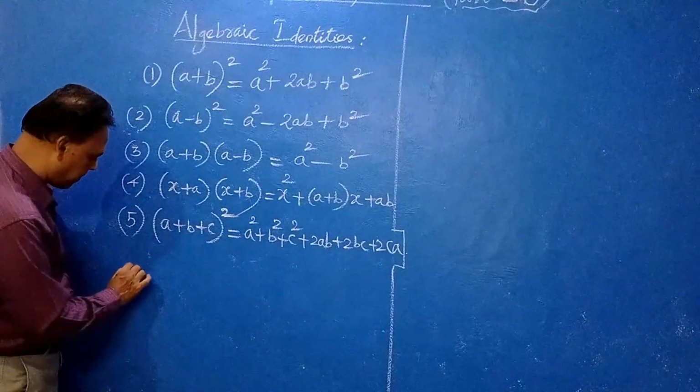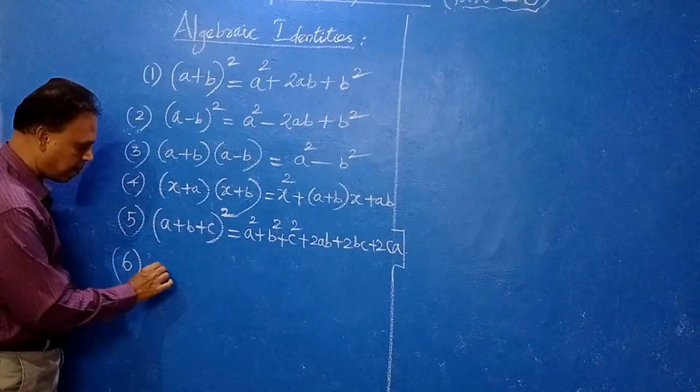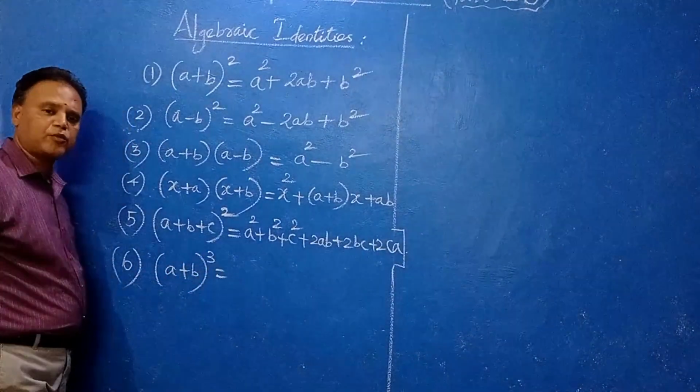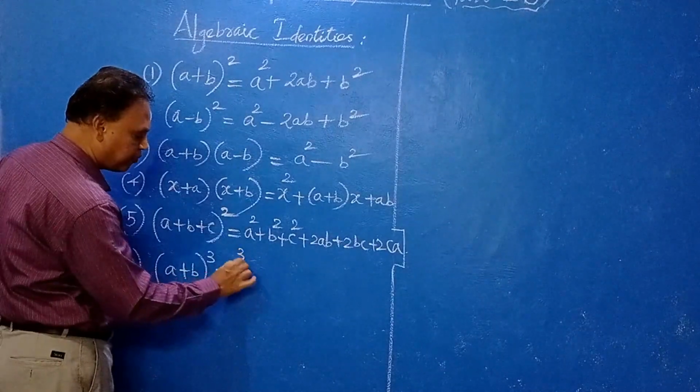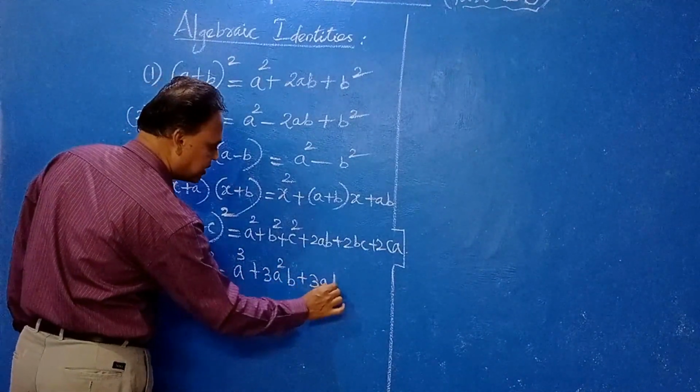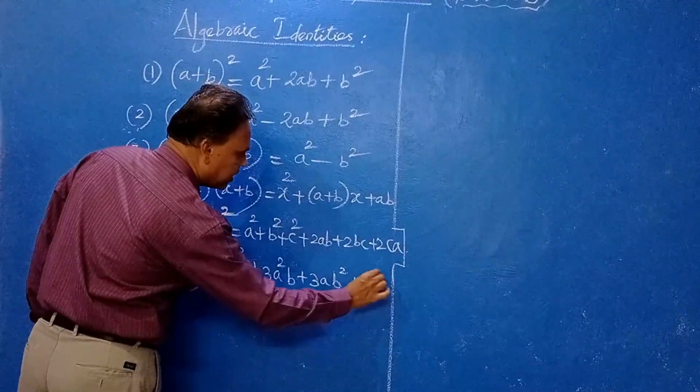Then the sixth one: (a + b) whole cube is nothing but a cube plus 3a squared b plus 3ab squared plus b cube.